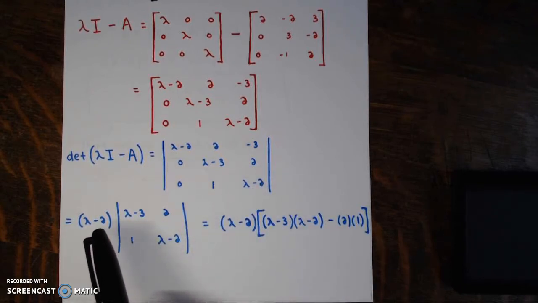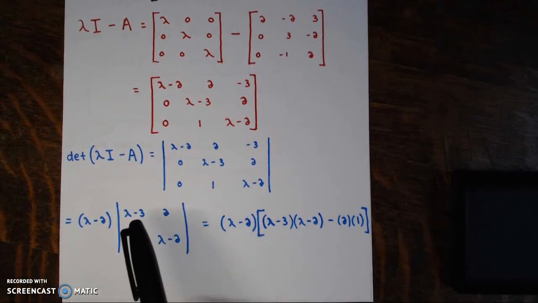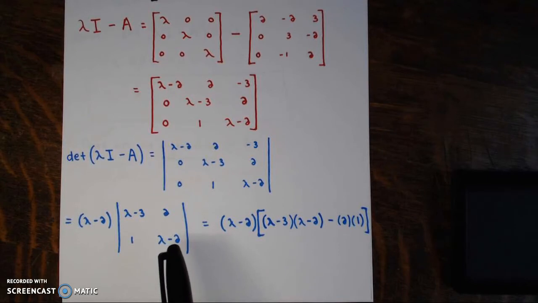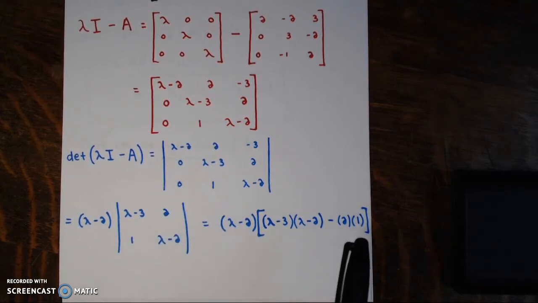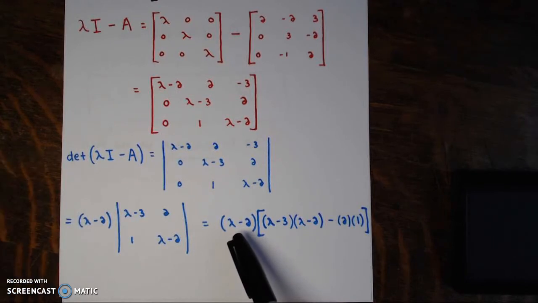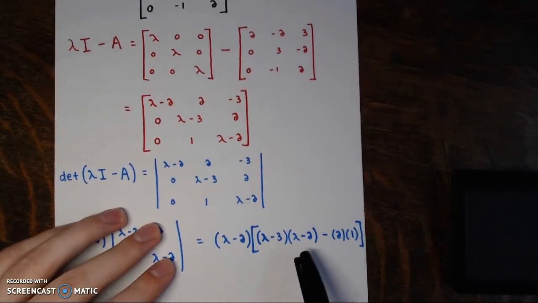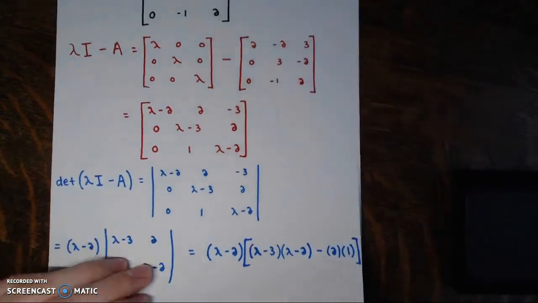I'm going to keep this lambda minus 2 out here, and then the determinant of this 2 by 2 is lambda minus 3 times lambda minus 2 minus 2 times 1. Let me multiply this out, and I'm going to keep the lambda minus 2 on its own because we're trying to factor these eventually anyway, so we already have one factor. Let's see what this is in the brackets here.